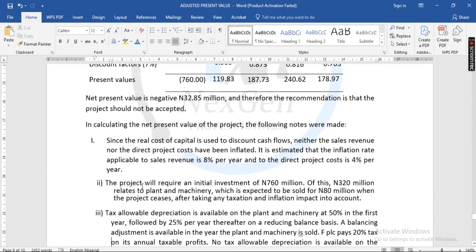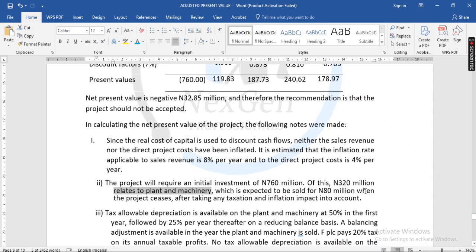Of this, 320 relates to plant and machinery. Out of this 760, 320 will be applicable to plant and machinery, which is expected to be sold for 80 million.